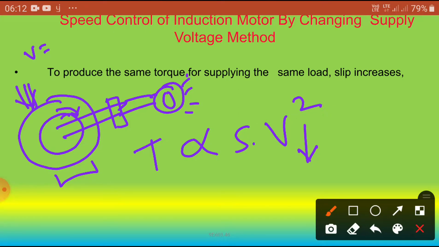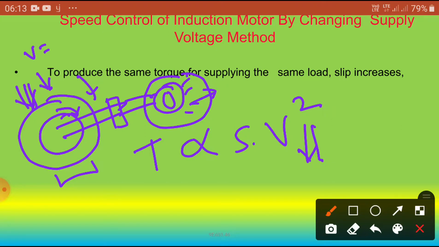Now, in the second case, I want to change the speed. Then I reduce the voltage with the help of the variac. The voltage is reduced. Then what will happen? Our motor tries to meet the same load application, so automatically it tries to maintain the same torque.